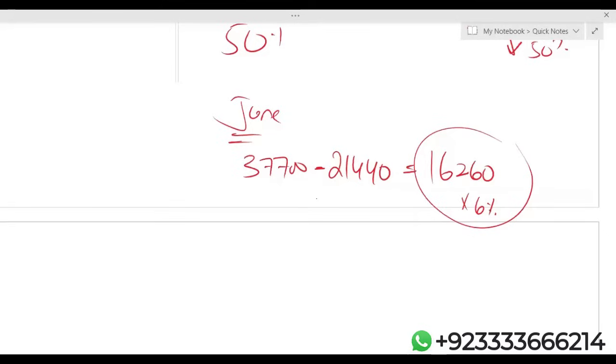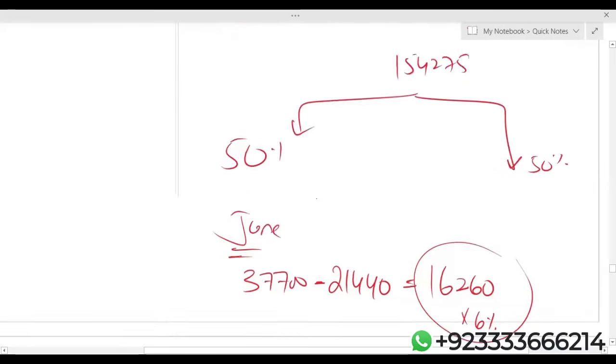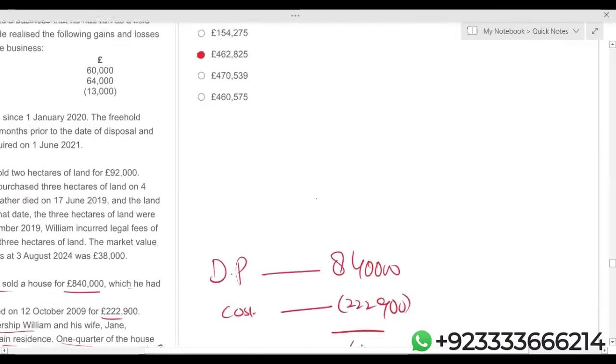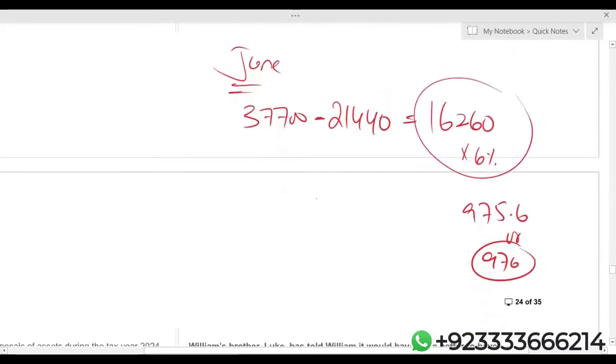If you transfer 50%, then only on this amount, 16,260, Jenny will be paying 18% instead of 24%. So the couple will be saving 6% only on this amount. No need to go for an entire calculation. So I'm getting 975.6, or make it 976. So actually the couple will save 976.